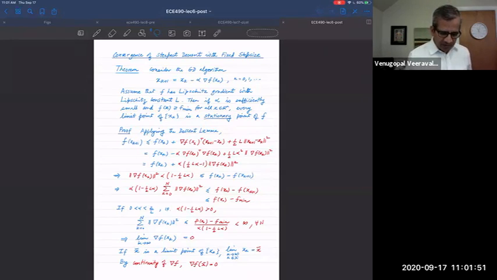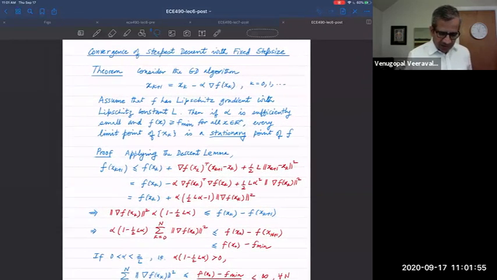And we showed in lecture 6 that even with a constant step size, as long as the step size is small enough as a function of the Lipschitz constant, so between 0 and 2 over L, where L is the Lipschitz constant, then you're still guaranteed that every limit point of the iterates is a stationary point of the function.